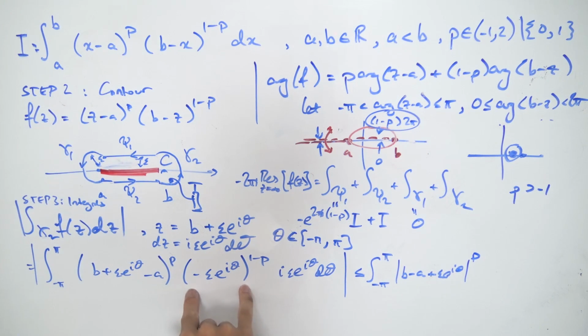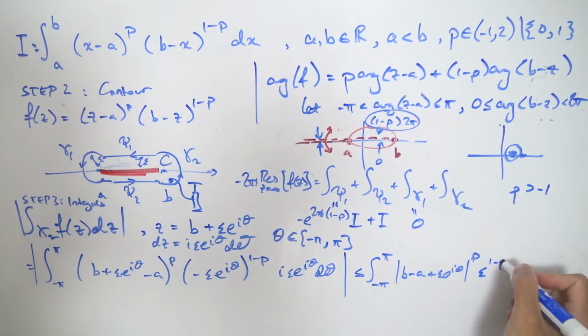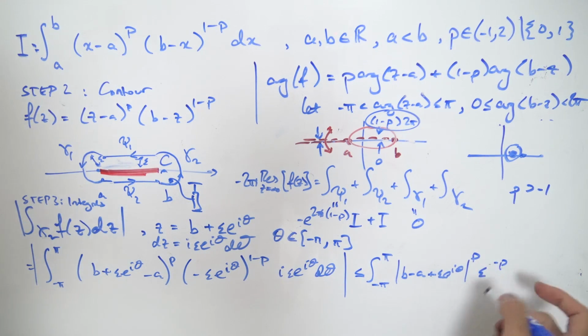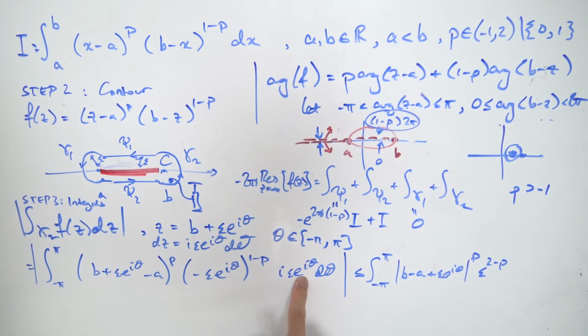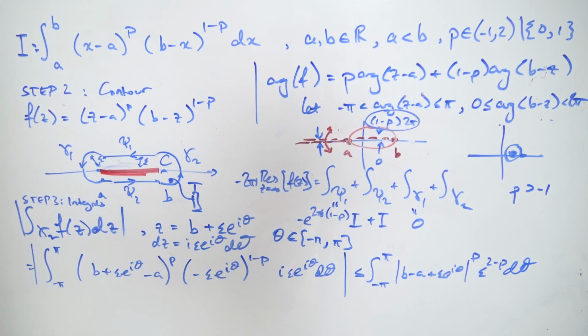Then absolute value of the second part over here, well, we can drag the absolute values inside of this power, and this e to the i theta, absolute value of that is just going to be 1, leaving us with just epsilon to the 1 minus p. And then we also have an extra epsilon over here, so we're going to in fact have 2 minus p. Absolute value of i is 1, absolute value of this complex exponential function is also 1, and then we have a d theta.